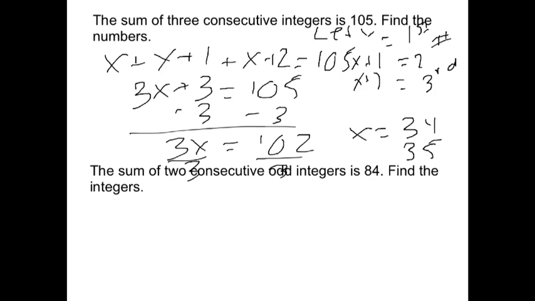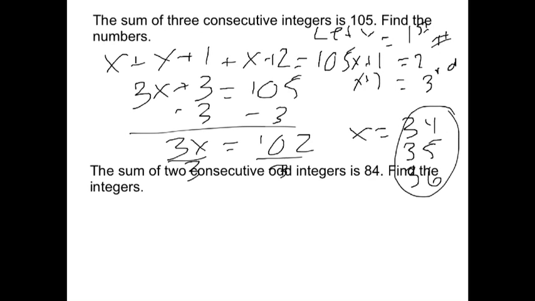And my third integer is 36, because they're consecutive, and consecutive means in a row. So if I add 34 plus 35 plus 36, I'm going to correctly get 105. So the hardest part for you here is to be able to say to yourselves, what does consecutive mean? And then how do I write expressions to relate to that?